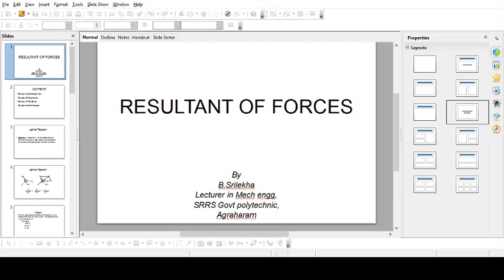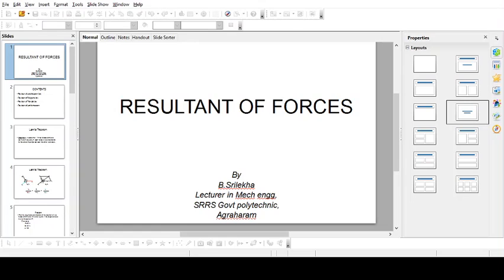It is very simple to apply, remember and understand. Here P, Q and R are the forces, and alpha is the angle between R and Q, beta is the angle between P and R, and gamma is the angle between P and Q.